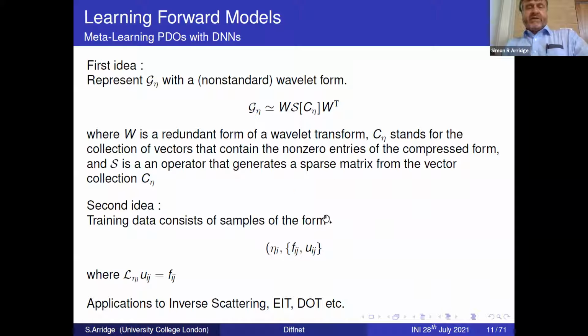And then the second idea is to use training data, which is sets of samples which are varied over the source of the operator, initial condition, and the parameters. And that's been applied to numerous general inverse problems in scattering, photography.